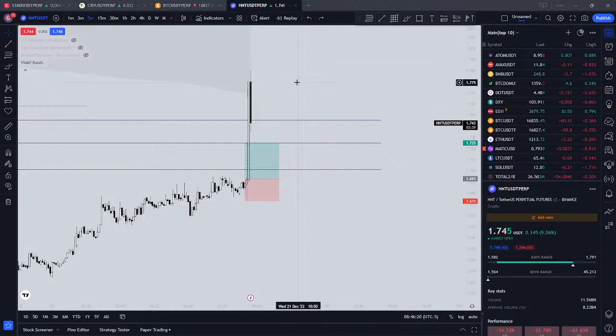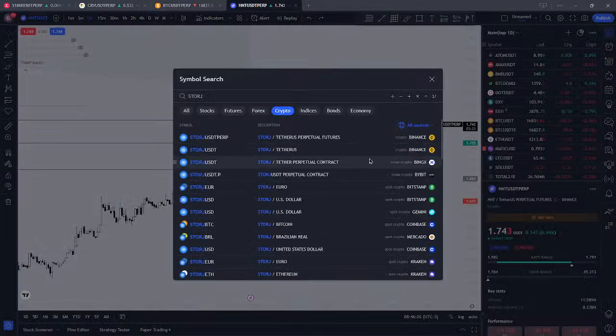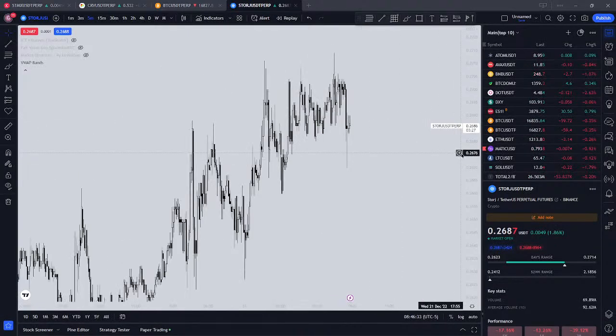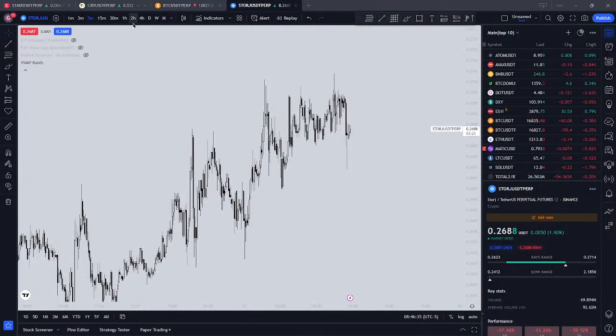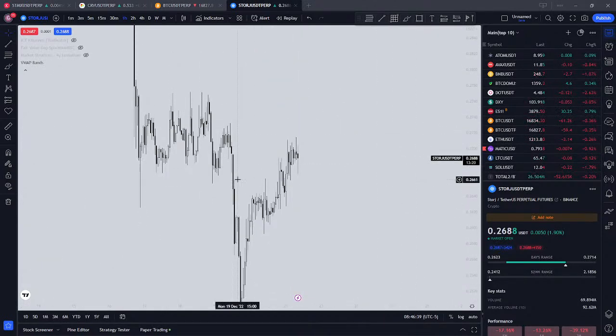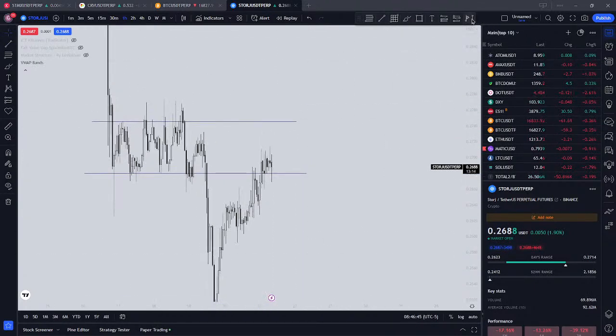Possible short on storage. Okay, let's have a look. Are you talking about a short term or a longer term short on storage? Because what I'm seeing here is your classic range track.